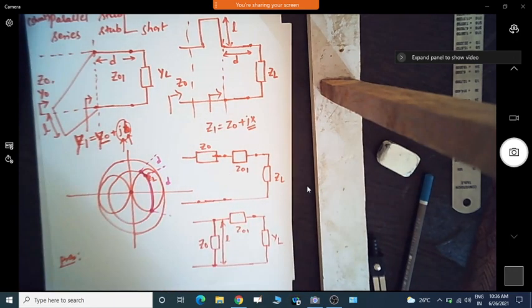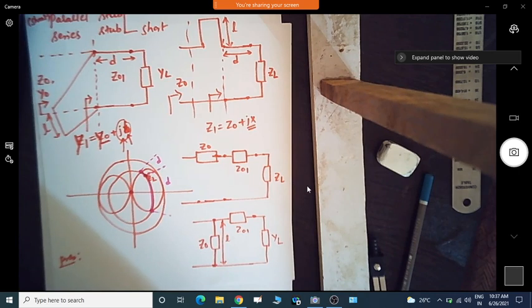And which technology uses the short stub and which the open stub depends upon the application. Let us say if you have a coaxial cable, we will preferably go for the short stub.